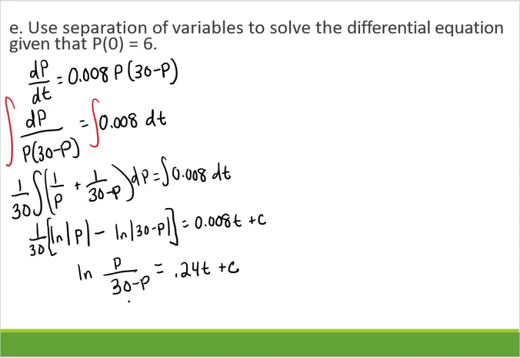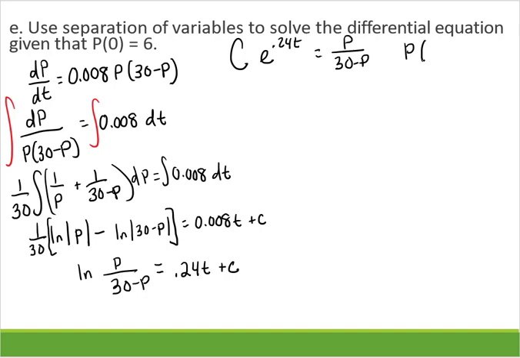Now what I'm going to do is I'm going to continue up here, and I'm going to do e to the 0.24 t with a big C in front is equal to P over 30 minus P. Now I'm going to use my initial condition.